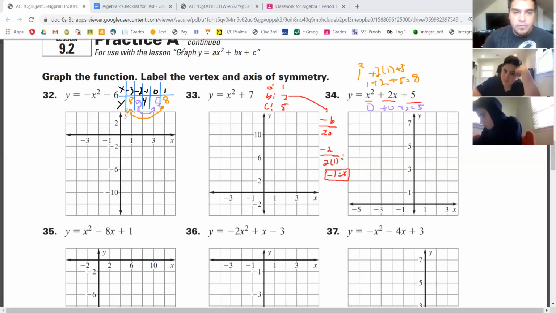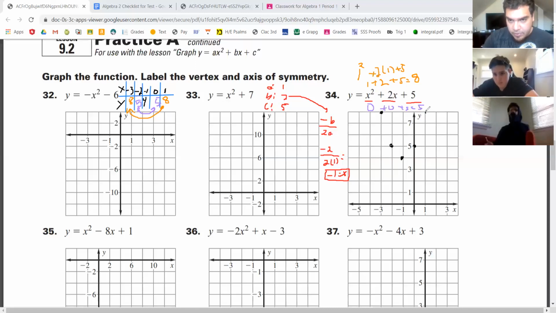Okay, so let's just graph it and then see if that makes sense. So at -1, it's at 4, so it looks like it's right here. At 0 and -2, it's at 5, so I'm going to put them here. And then -3 and 1, it's at 8. So -3 and 1, it's up here and up here, right at the corner of this graph.